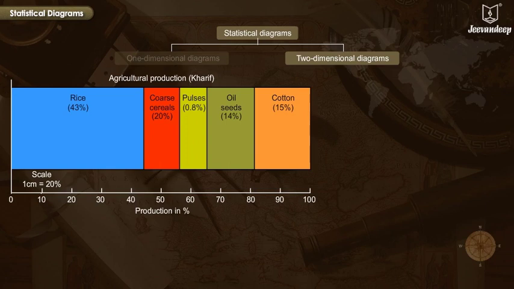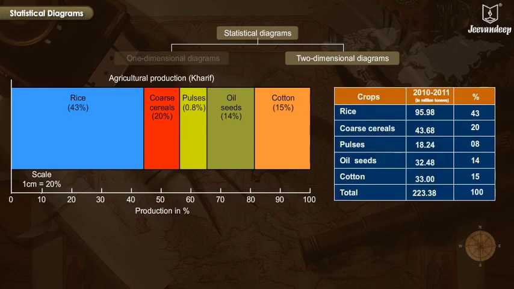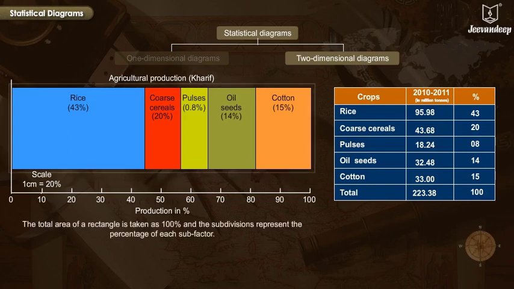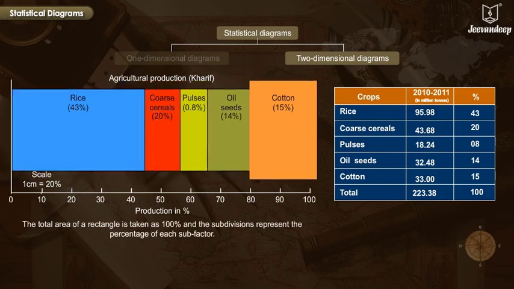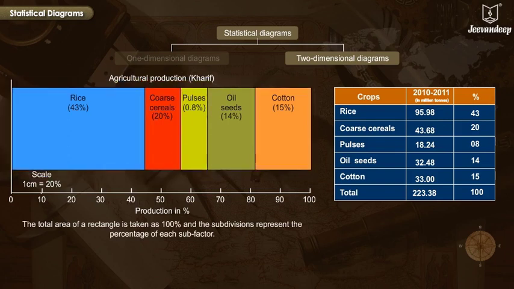Divided rectangle. In this diagram, a rectangle is divided proportionately to represent sub-factors of any data. The total area of a rectangle is taken as 100% and the subdivisions represent the percentage of each sub-factor.